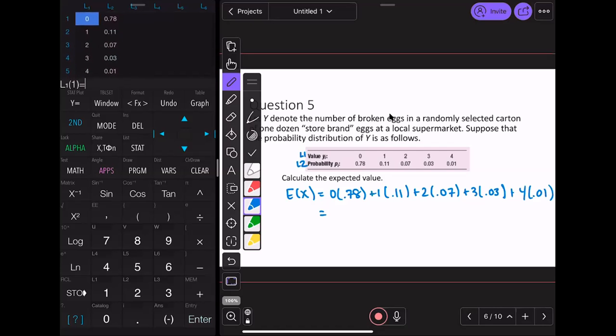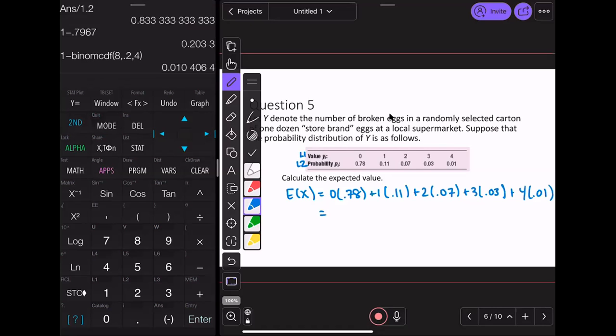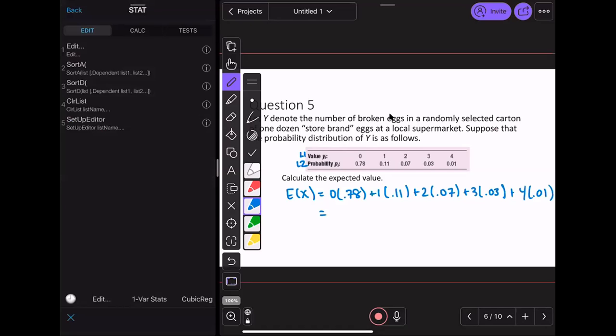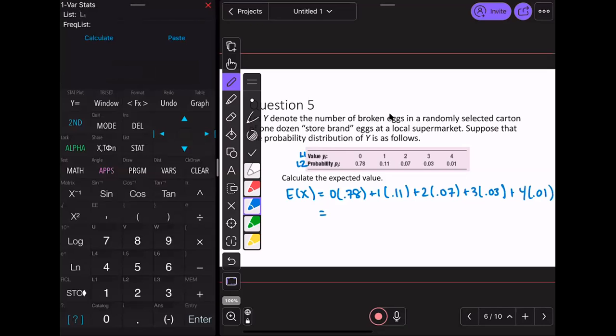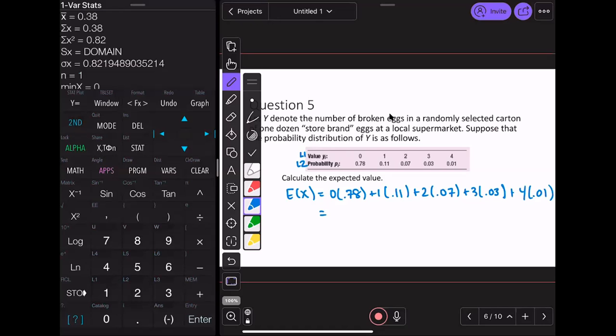And then to calculate the expected value, you're going to hit Stat, Calc, 1-Var Stats, and then you're going to put list 1 into list, and then for frequency, you're going to put list 2, and then calculate. And remember, expected value in our calculator is the mean or the average, so we look at x bar. So the average is going to be 0.38.